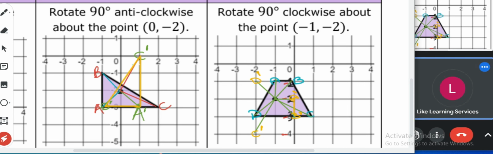Good. So that's the rotated image by 90 degrees clockwise about the center of rotation (-1, -2).